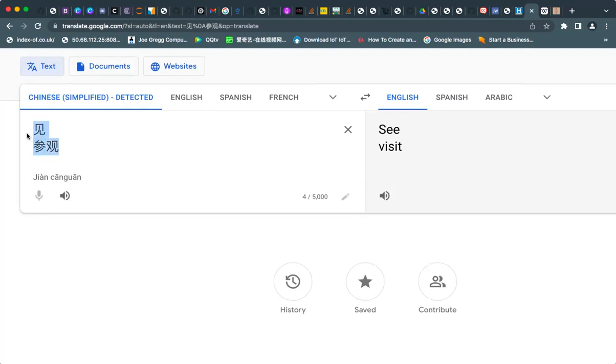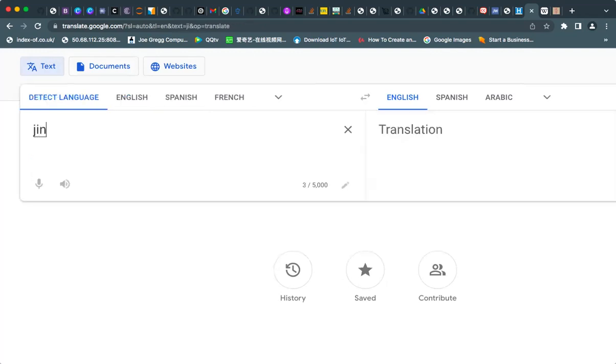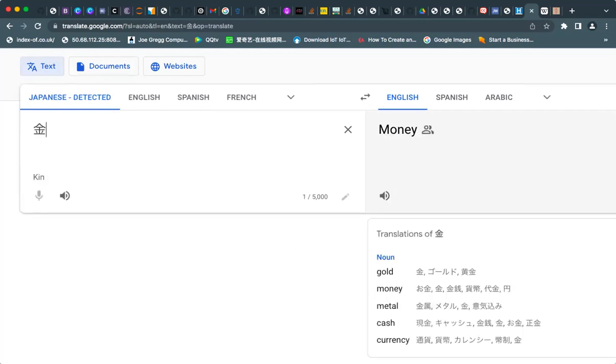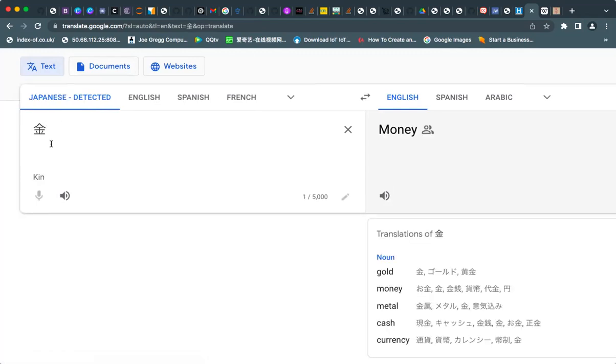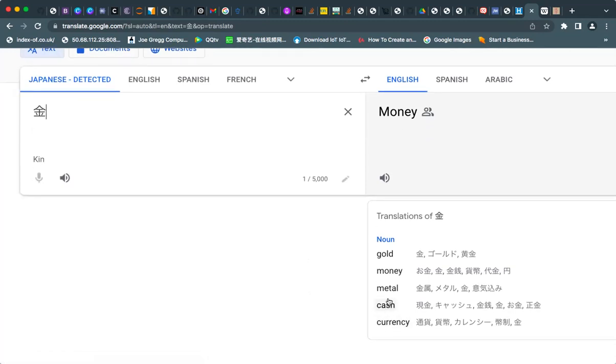Like last time we gave an example of metal. Yes, that's the one. It also has that meaning.